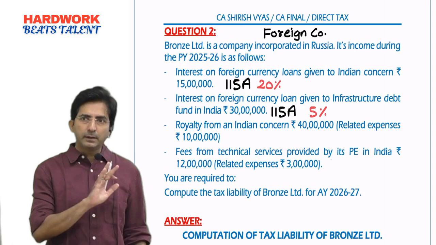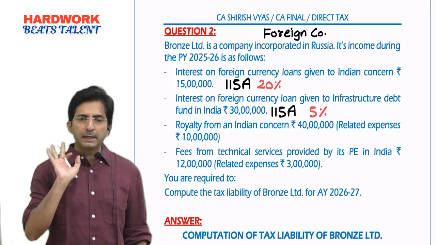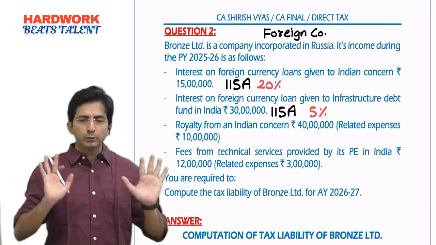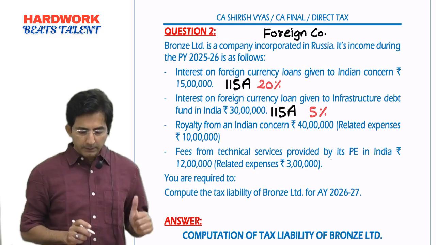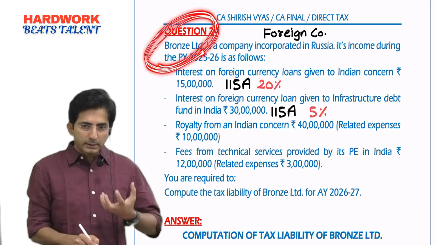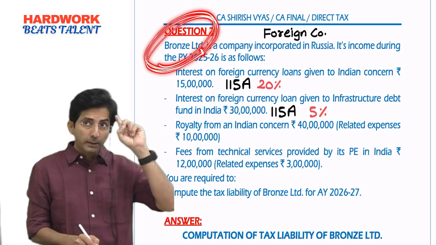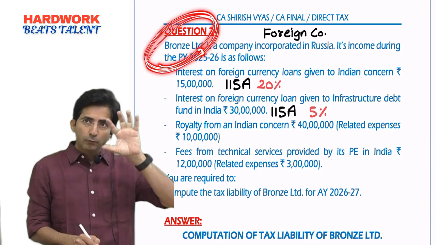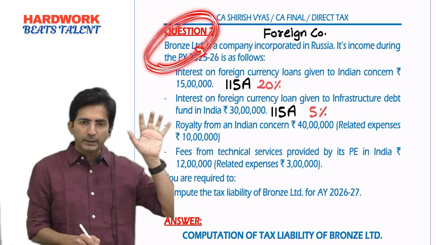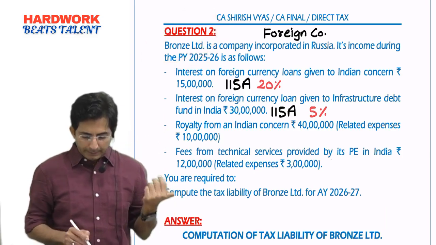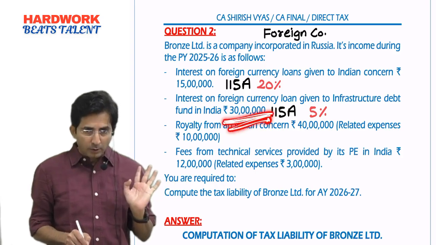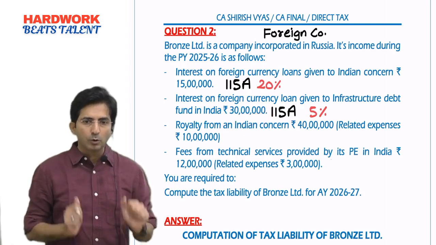So for a receiver in TDS, only one point is relevant: if you receive net of TDS, in your computation you will show gross. Here we are not IDF, we are Bronze. Bronze is the receiver of the income. And if you remember in the chapter of TDS, I told you, for a receiver, any income subject to TDS, you have to show gross. And tell me, is it mentioned here whether it's net or gross? Nothing. So we'll assume it is gross.